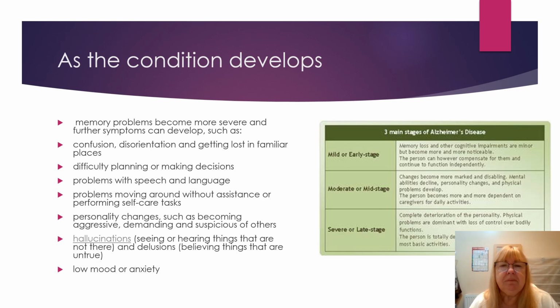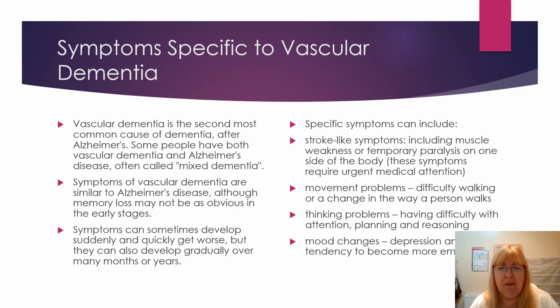Okay, so let's look at those that are specific to vascular dementia. And they are quite similar, although memory loss may not be quite as obvious in the early stages. So I think that's worth a mention if you're going to write that up.